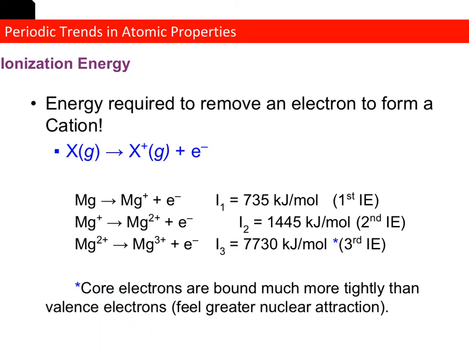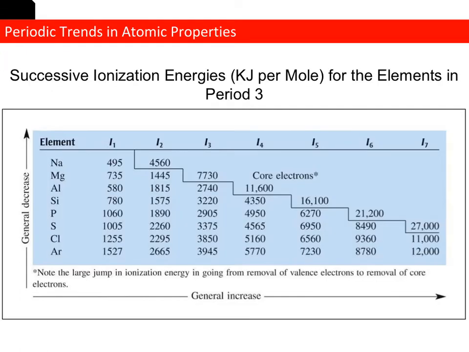You are now inside the valence electron shell, looking at the core. And the number jumps significantly when you try to remove a core electron. So in summary, it's fairly easy to remove valence electrons, but the energy jumps significantly when you start to talk about a core electron.